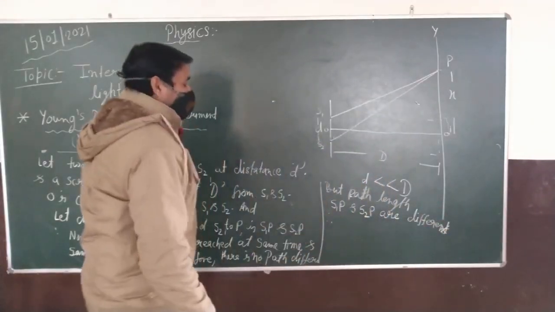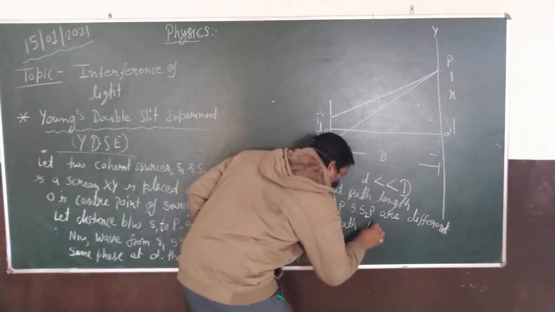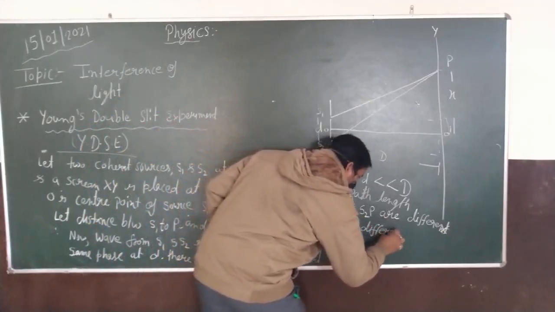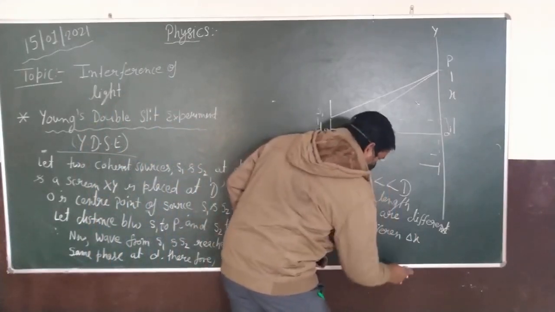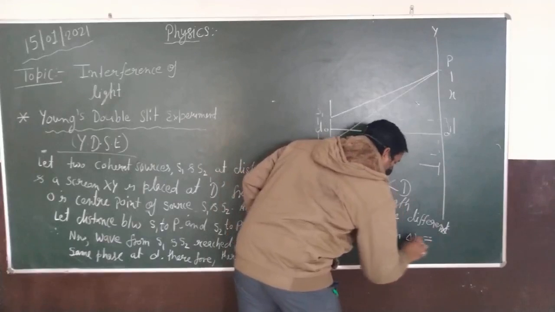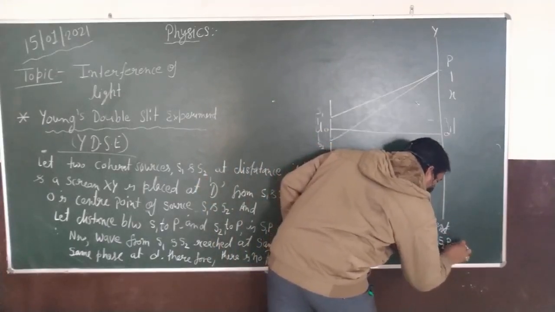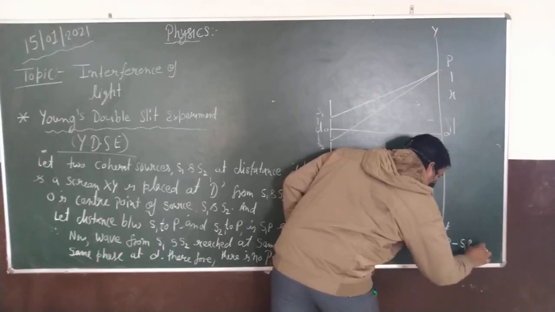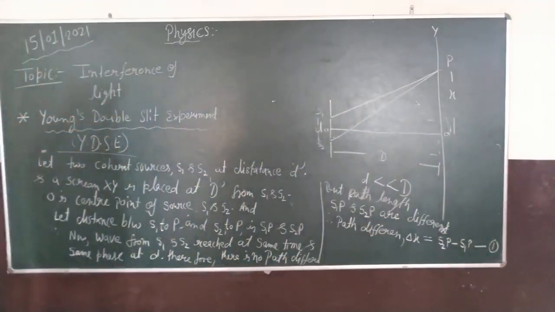Therefore, the path difference delta x is given by S2P minus S1P. This is your equation first.